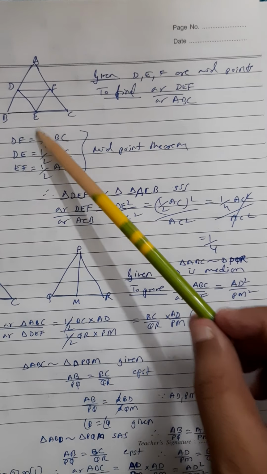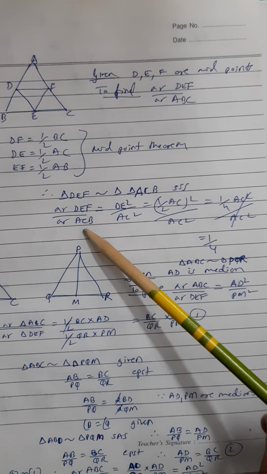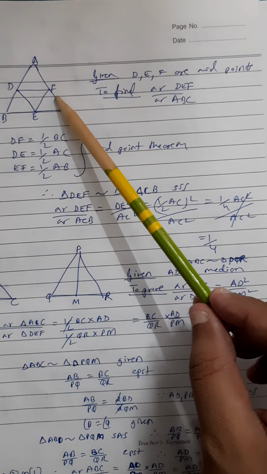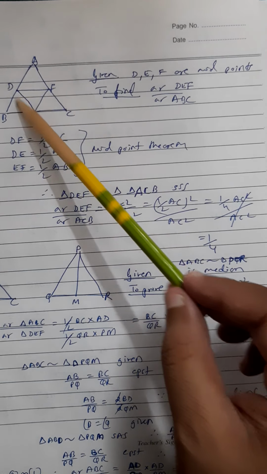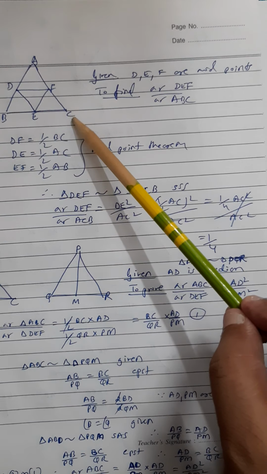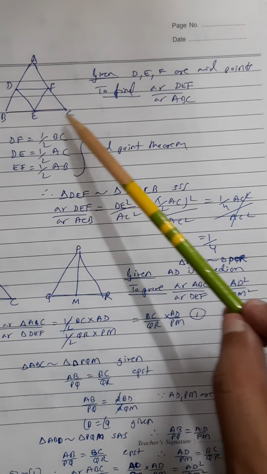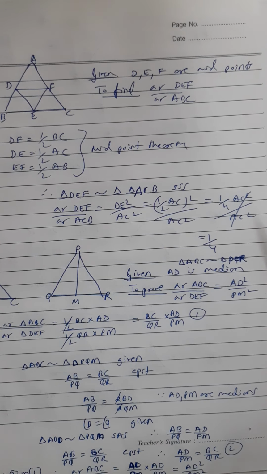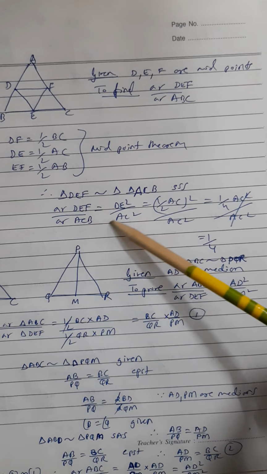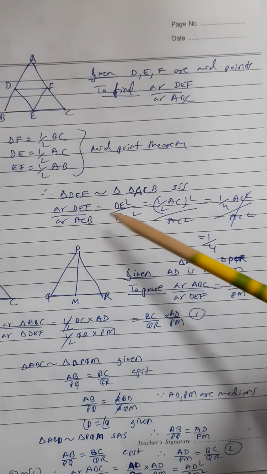So area of DEF by area of ACB will be equal to DF square, or we can say any side. Here I have taken DE square upon AC square. We can take DF square by BC square or EF square by AB square, any one of the corresponding sides. So in this example, I have taken DE square by AC square.